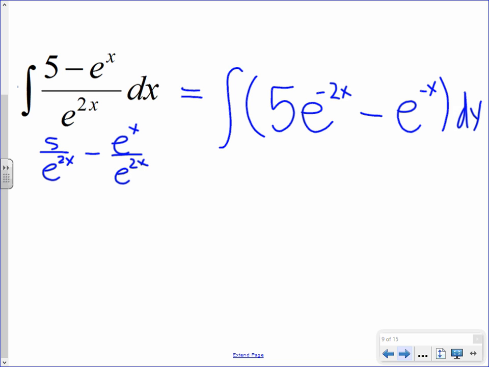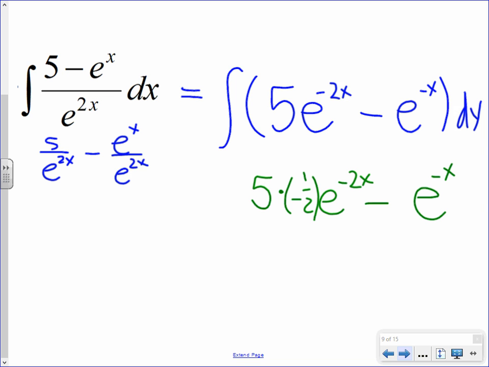Okay, so we have 5 times the antiderivative of e to the negative 2x, which we already decided was e to the negative 2x times negative 1/2, minus the antiderivative of e to the negative x, which would be e to the negative x.